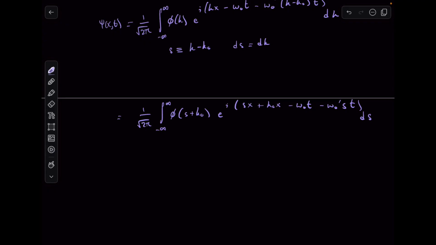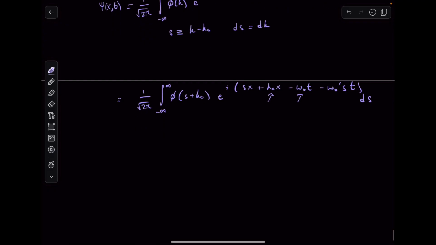Now we can pull things out of the integral that don't depend on s. And here's where we'll actually make that separation between the individual phase velocities, which we calculated earlier, and the actual group velocity, which is the entire range of values. So the ones that we can pull out in particular is this value and this value.